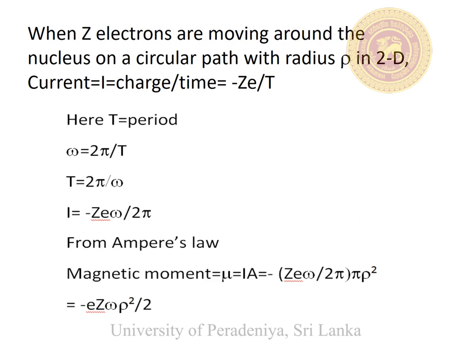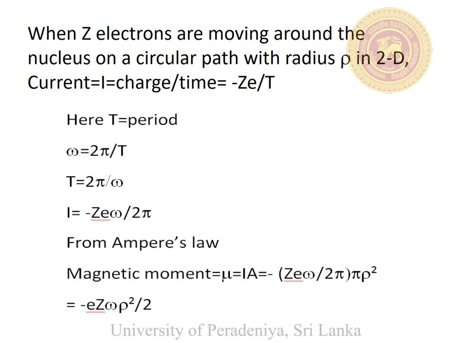In the first lecture, we have proven an equation for the electric current for an atom with one electron. When there are Z electrons, the current is equal to minus ZE over T. Starting from that equation, we can prove the equation for electric current I is equal to minus ZE omega over 2 pi.